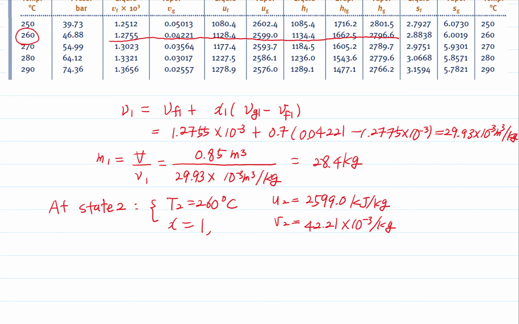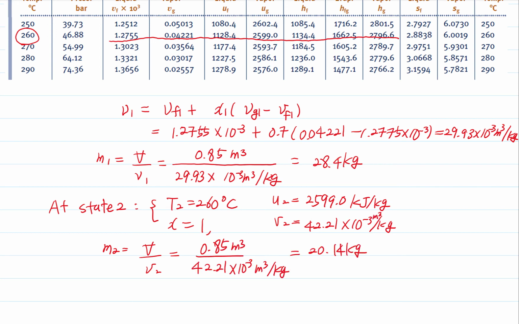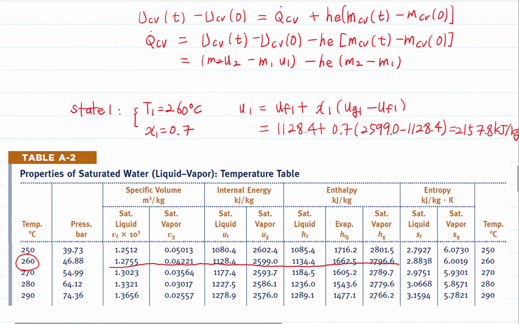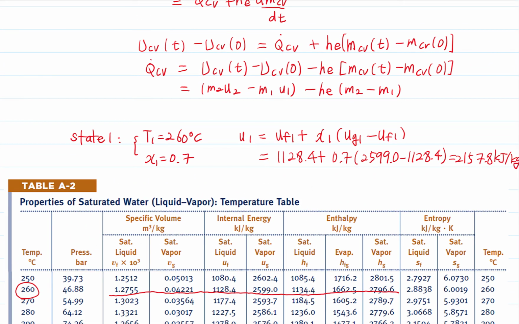And the mass at state 2 can also be determined based on the specific volume. The volume doesn't change, 0.85 meter cubed. So the mass is known, the internal energy is known at the initial condition, and the mass and internal energy are known at the final state.